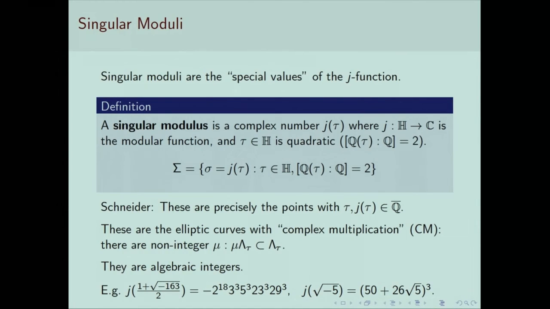So endomorphisms of the elliptic curve correspond to complex numbers mu, which multiply the lattice into itself. And generically, the only mu's which do that are integers. But if tau is quadratic, it's a kind of an elementary thing that you get non-integer mu's which do it, and that's the complex multiplication.